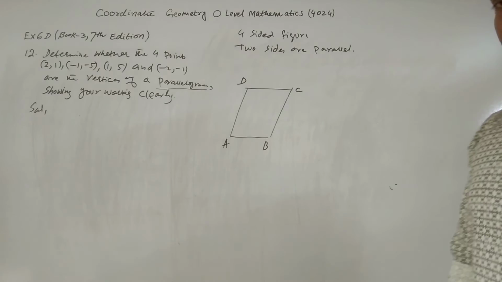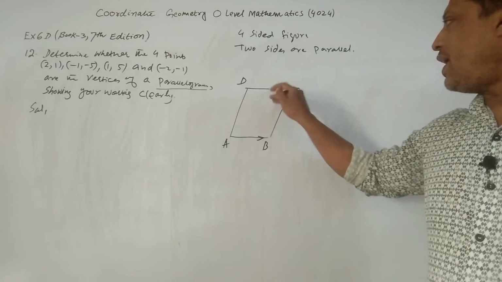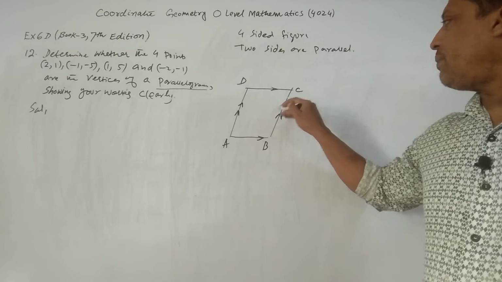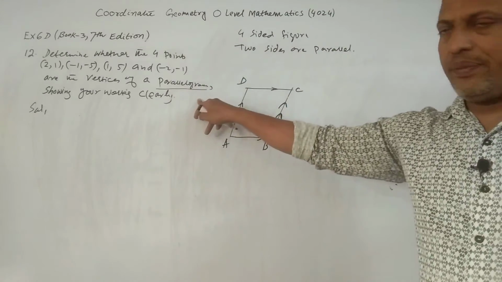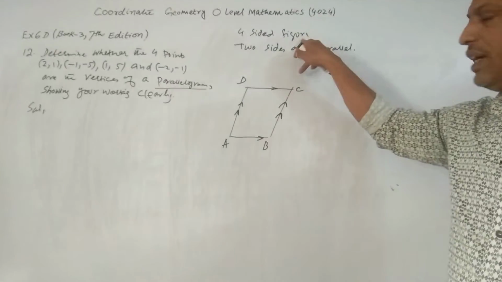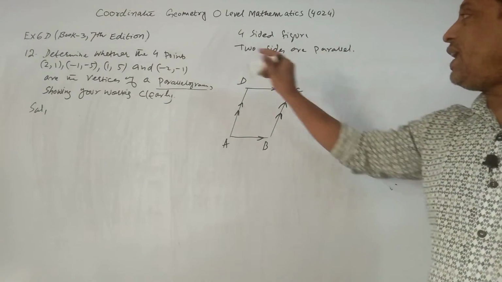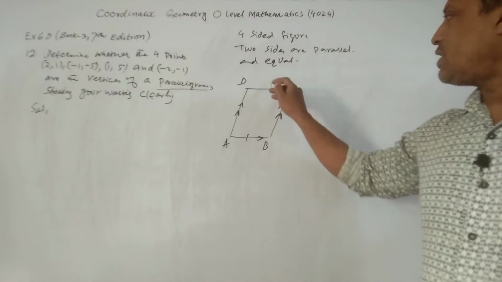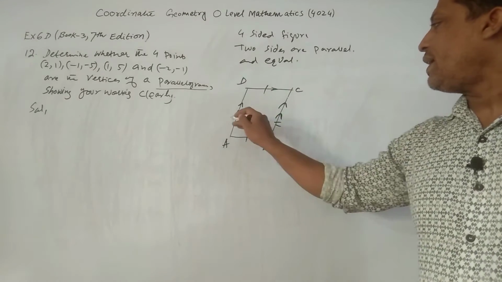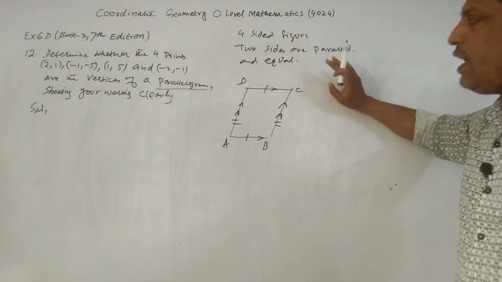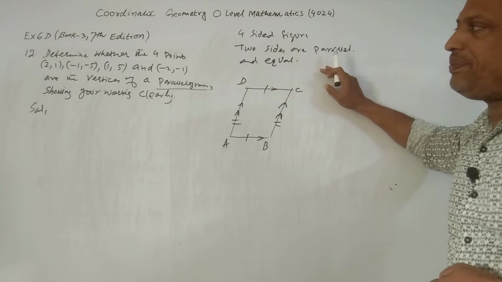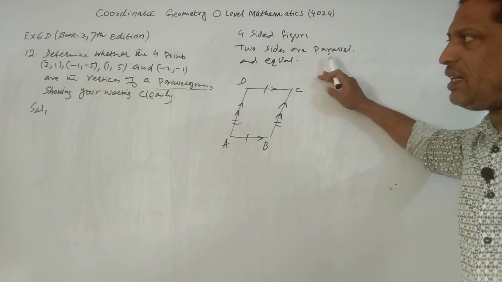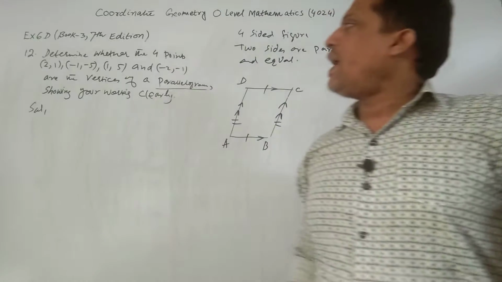Two sides are parallel, which means this side is parallel to this side, and this side is parallel to this side. So a parallelogram is a four-sided figure in which two sides are parallel and equal. It means this side is equal to this, and this side is equal to this. So this is a parallelogram.